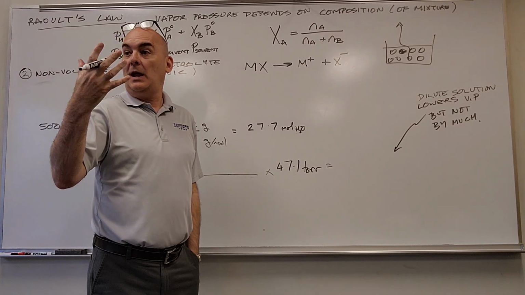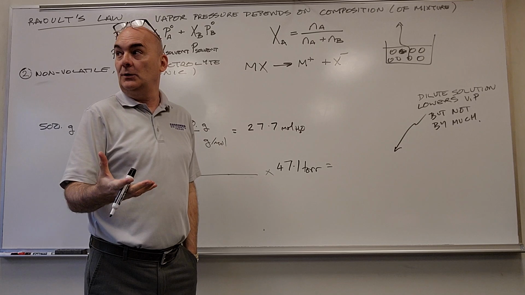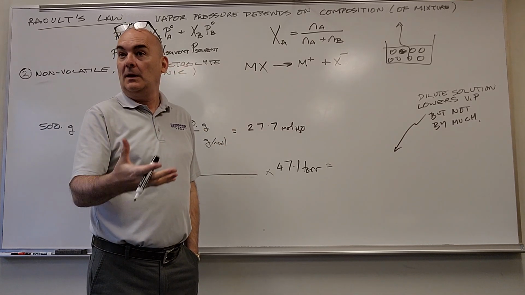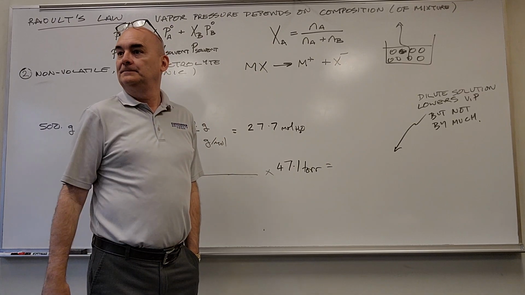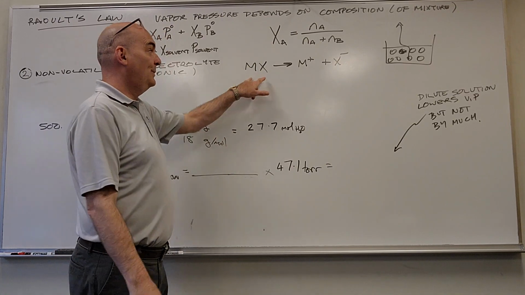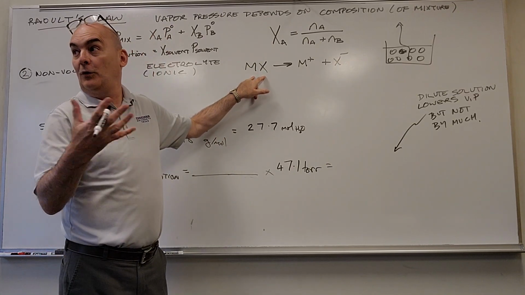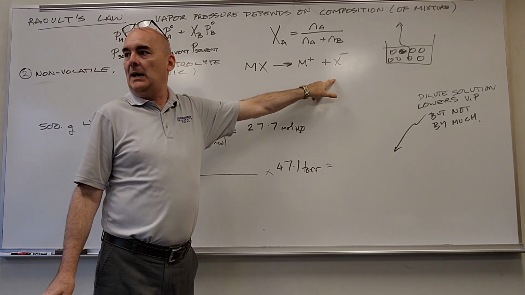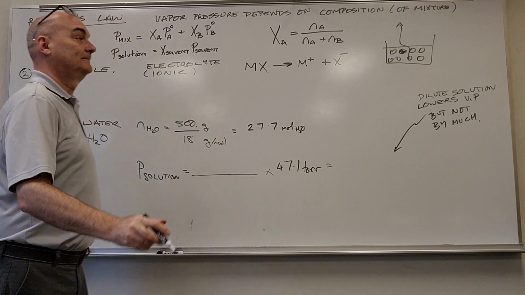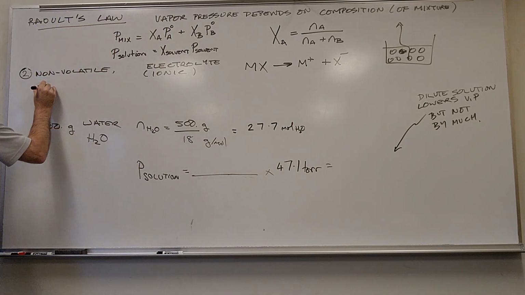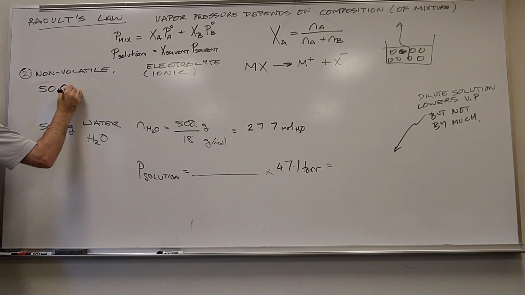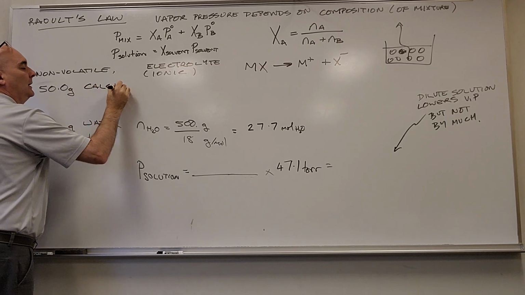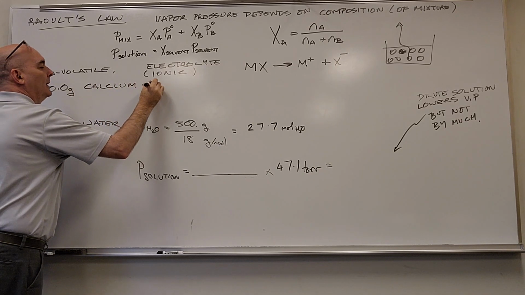When you put a glucose molecule into solution, you have a whole bunch of water and a glucose. Now, when you put salt into water, you have a whole bunch of water and some cations and some anions. So let's go ahead and change that up and make this be calcium chloride.